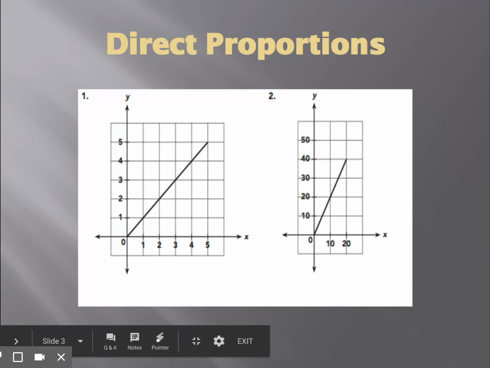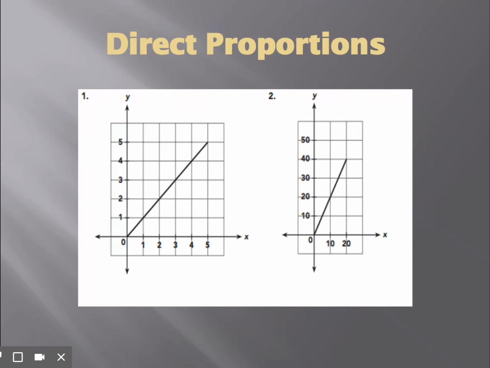So we have some examples here. These are both direct proportions. Again, because you see the line is passing through (0, 0) here and (0, 0) here. We can also test this by checking a couple points on the line and seeing if they have that same rate of change. So here I picked (2, 2) and 2 divided by 2.